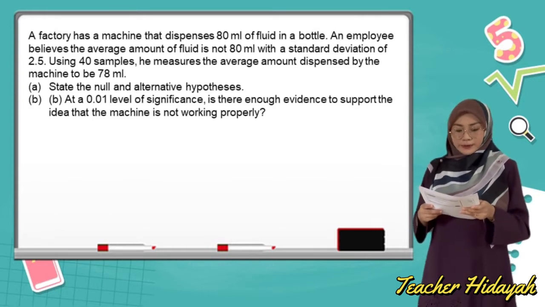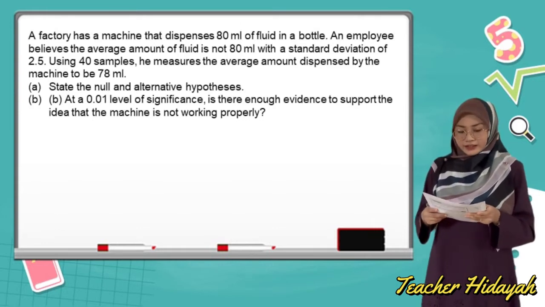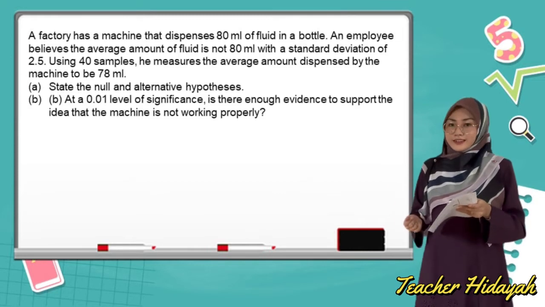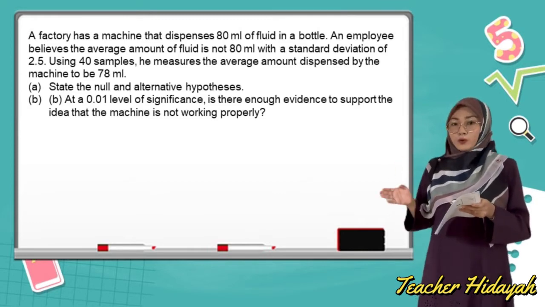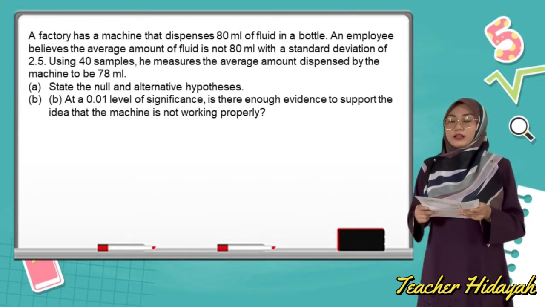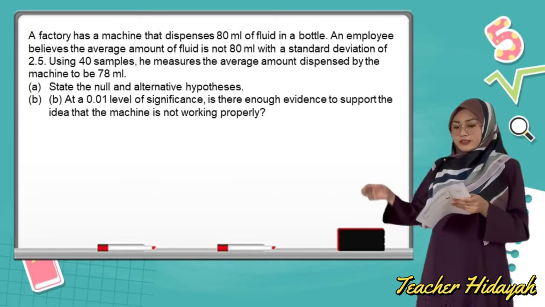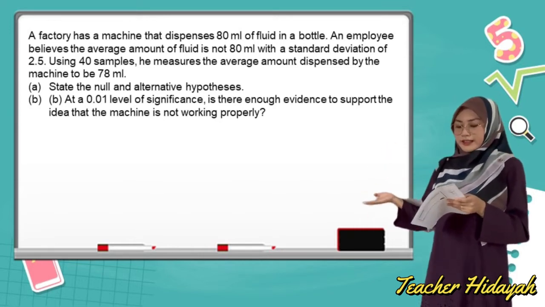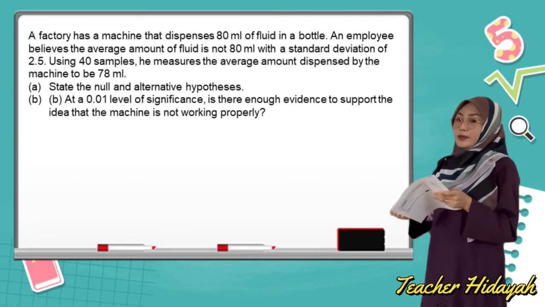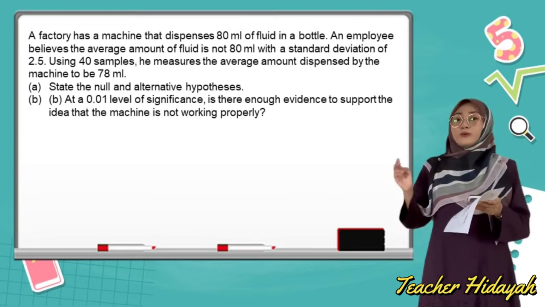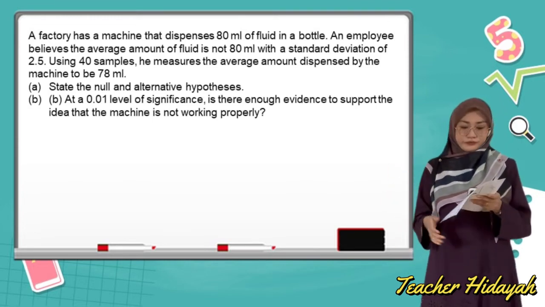When we read the question, we must read until we understand what the question wants and what topic the question asks about. Since there are words like belief, and question A asks for the hypothesis, the question falls in the topic of hypothesis testing.